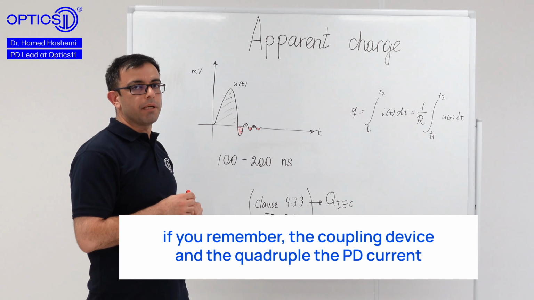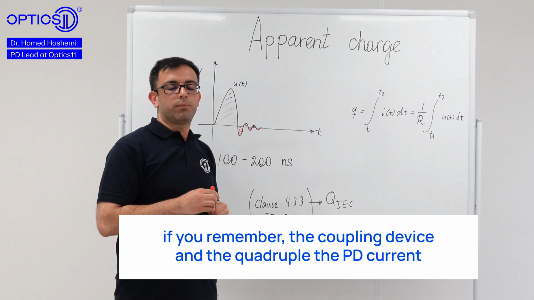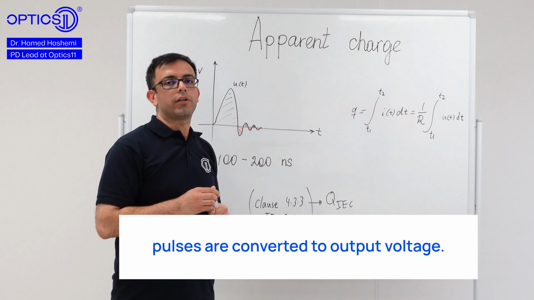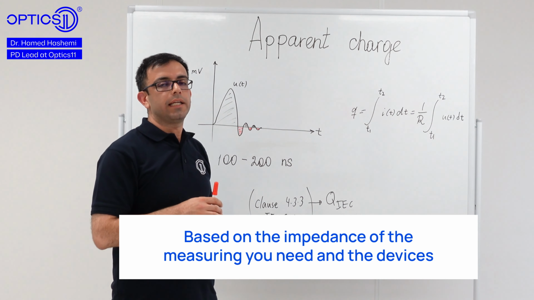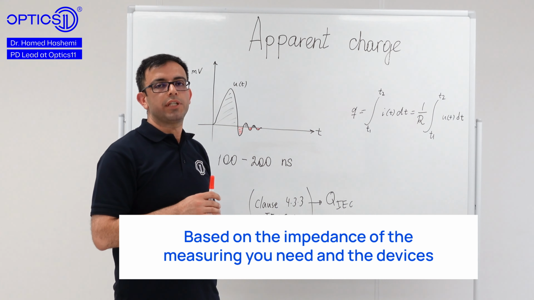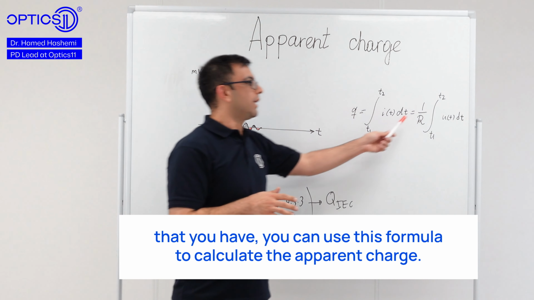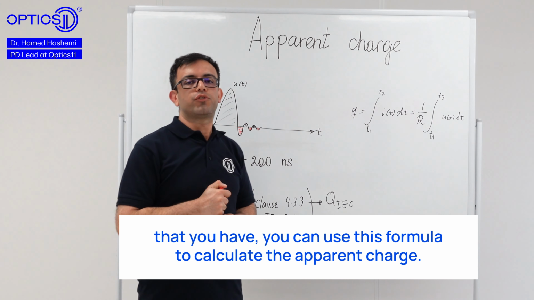And if you remember the coupling device and the quadrupole, the PD current pulses are converted to output voltage based on the impedance of the measuring unit and the devices that you have. You can use this formula to calculate the apparent charge.